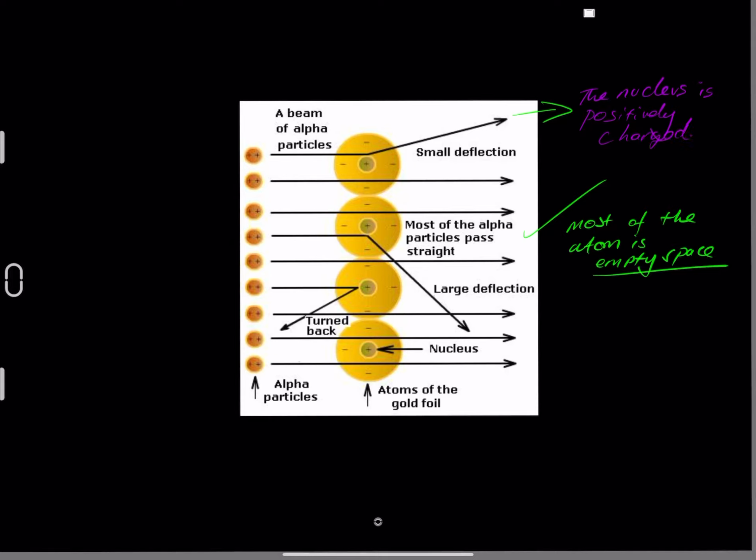So the deflection, i.e. the repulsion, occurs because you have a positive alpha particle and a positive nucleus. When you bring two positive charges together, there is repulsion and a small deflection is felt there.